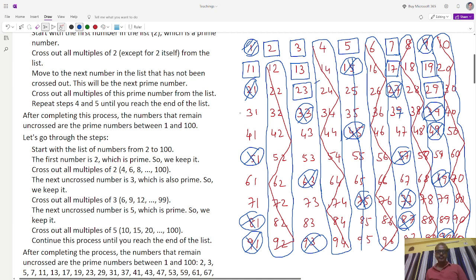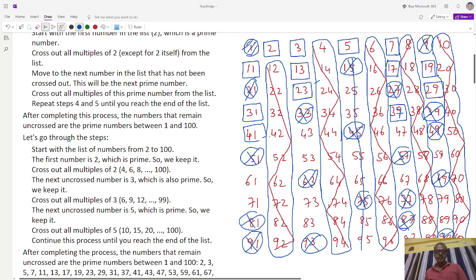Okay. Then 31. Then if we check, we get 37. Then we get 41.